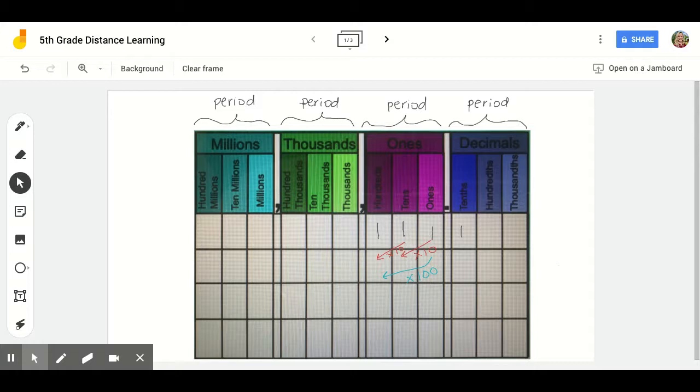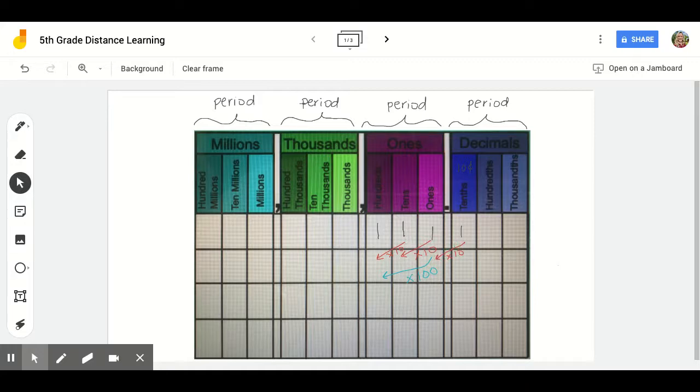Some probably said a penny, but it's actually worth 1 dime. Let me write that up here. It's worth 10 cents. And how many dimes do you need to make $1? Well, you probably know that you would need 10 of them, right? So the pattern would hold true if I went from here to here. I still need to count 10 dimes out to make $1.